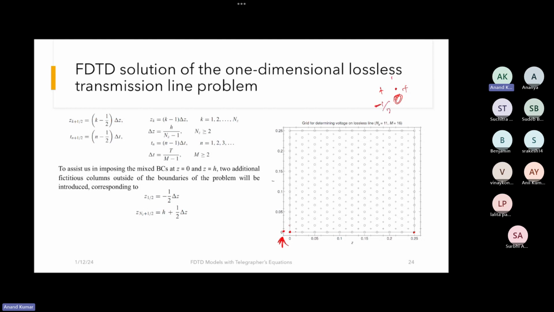For the voltage values, you will need the current values at minus half time. So right now we will discretize this point as well, and later we will evaluate these values mathematically and try to eliminate the need to calculate these inside the code. But for now, we will also discretize one unit cell outside the simulation space and the simulation time.